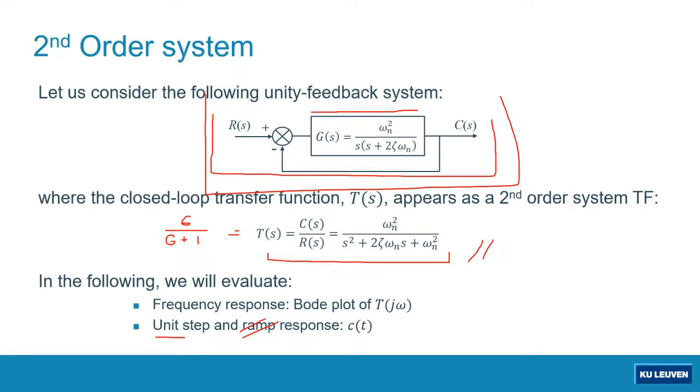The typical features on the unit step response are percent overshoot, settling time, peak time, rise time, and probably delay time. These are the features that we can typically identify from the unit step response of a second order system, in particular for an underdamped second order system.